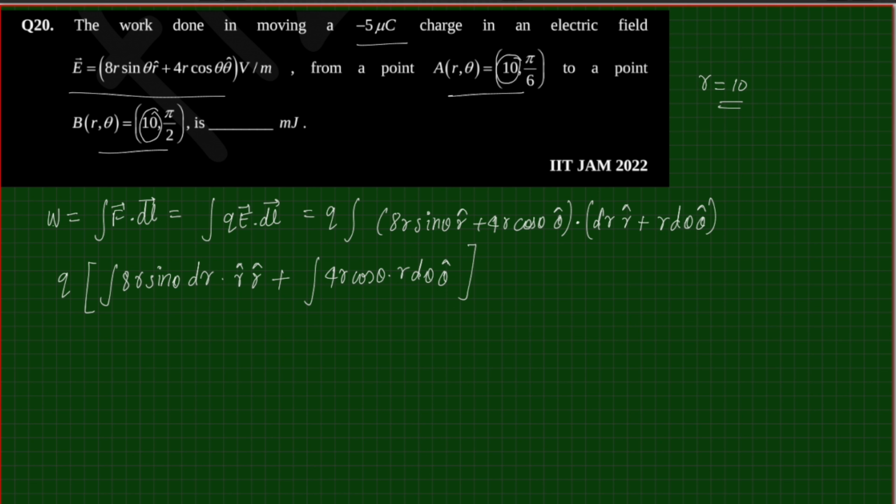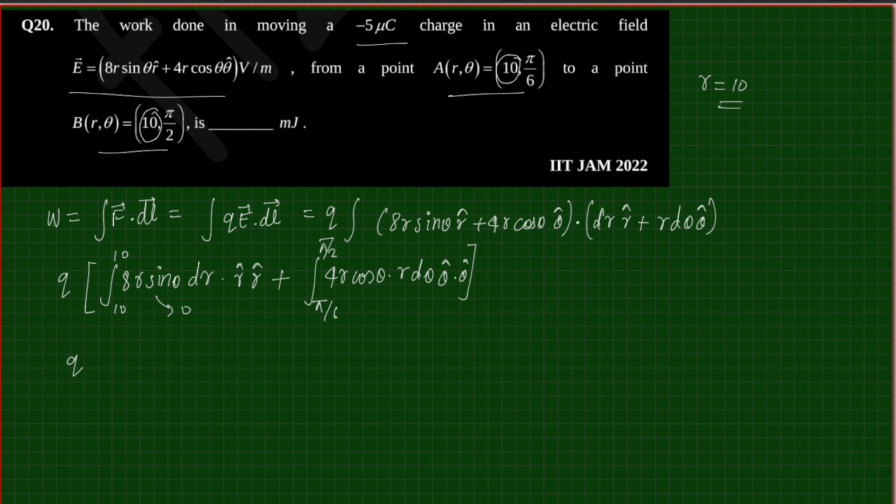Here the limit of r is from 10 to 10, so this integration will become 0 because the upper and lower limits are the same. And here the limits are from pi by 6 to pi by 2.